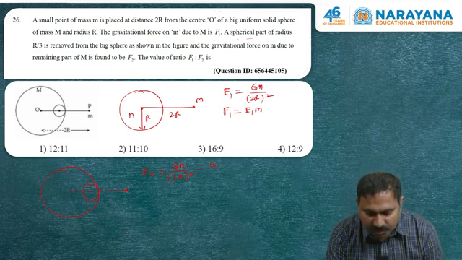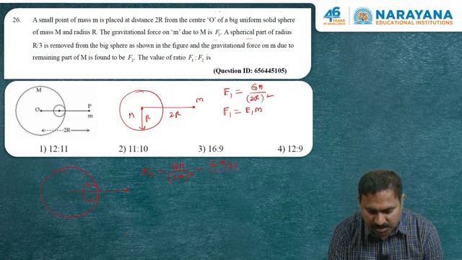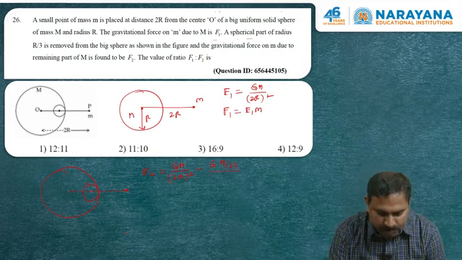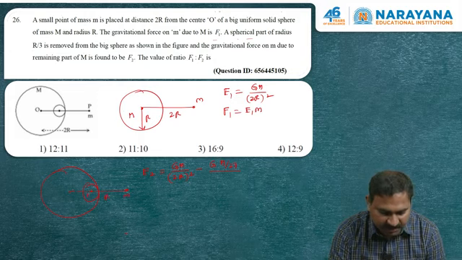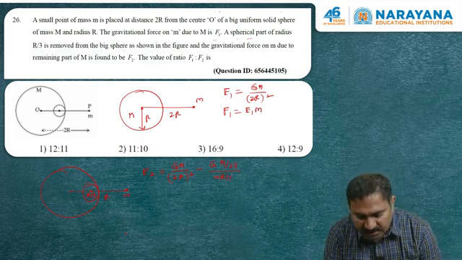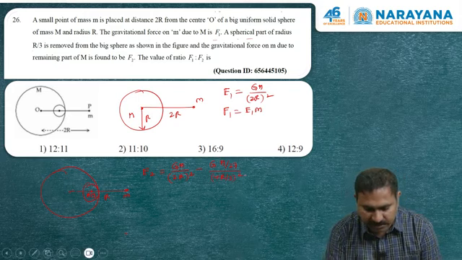G into the mass of the removed part, which here will be m by 27 as it is proportional to r cube, into the distance of the center of the removed part from the point mass, which will be r plus r by 3 as its radius is r by 3. This is 4r by 3 whole square.